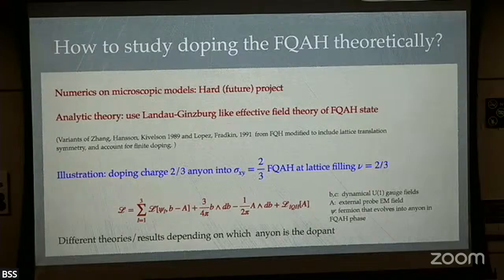So regular electrons are local objects, they are gauge invariant objects, meaning you can create them locally, right? You can tunnel with a metallic tip. Anyons you can't. So this object is not gauge invariant. It couples to an internal gauge field, so you can't create it locally. So this object has the potential to evolve into an anyon, and that's exactly what happens.